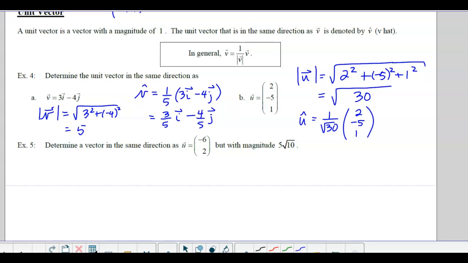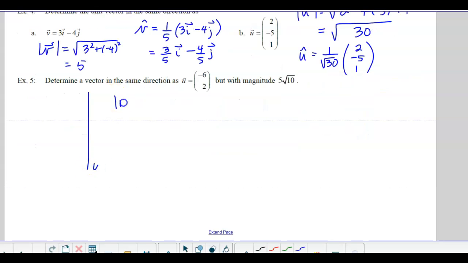Okay, next one. Obviously, this is not a unit vector right now, okay? It says determine a vector in the same direction as vector u, but with magnitude 5 root 10. So it has to be in the same direction. So the new vector that we get has to be some scalar multiple of this. So first, figure out what the magnitude of u is. Because you need to know that in order to compare it to the new one.